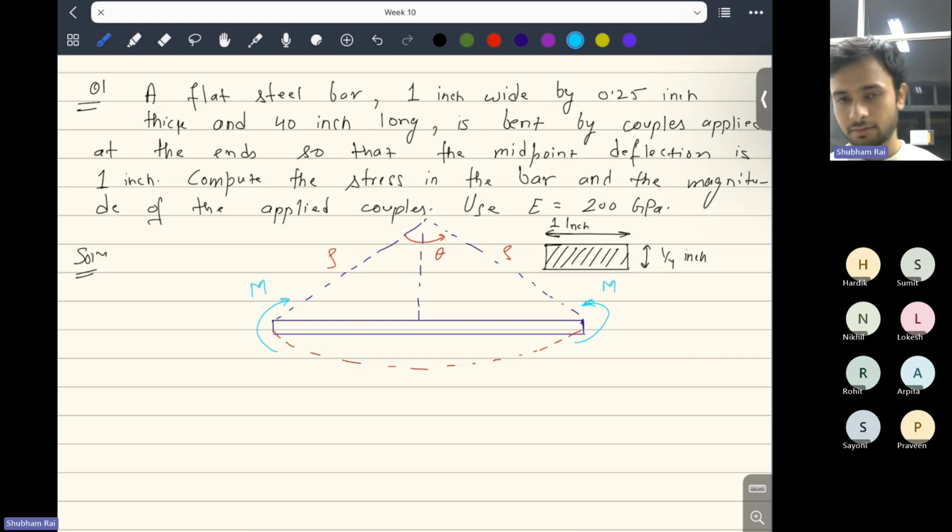So how do we find it? You have also been given the central deflection, which is 1 inch. Can you guess?